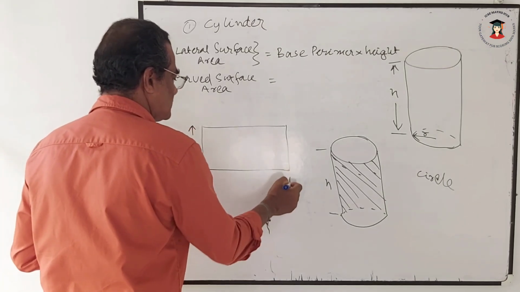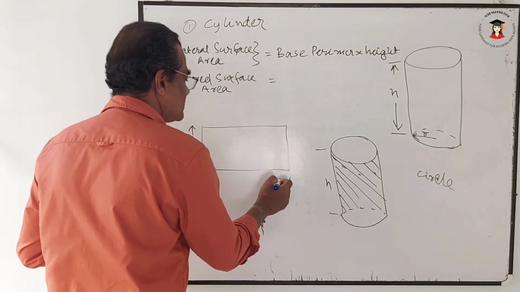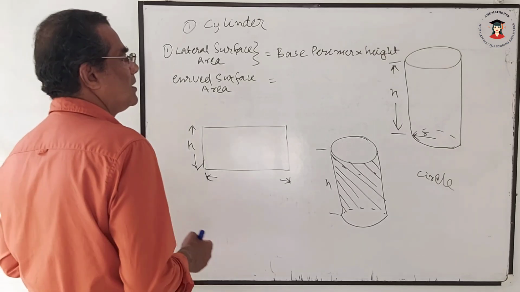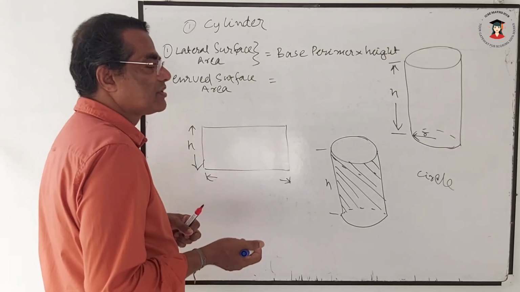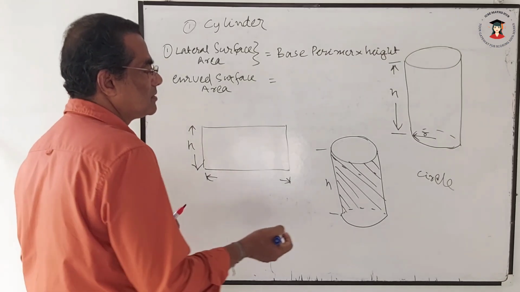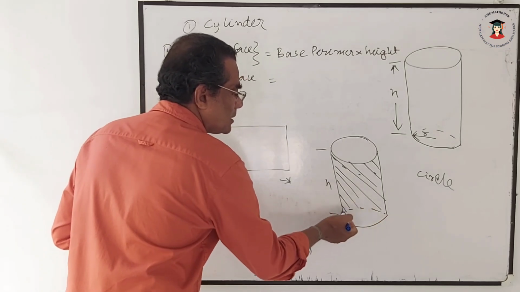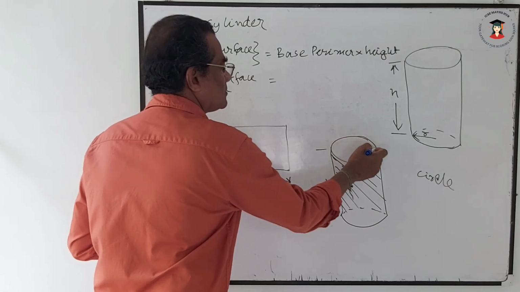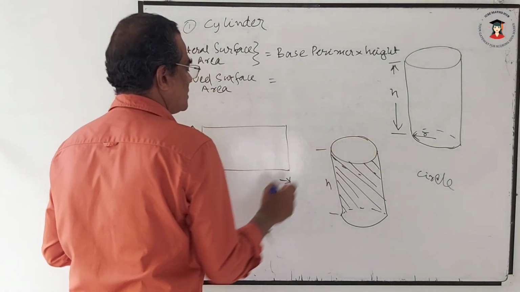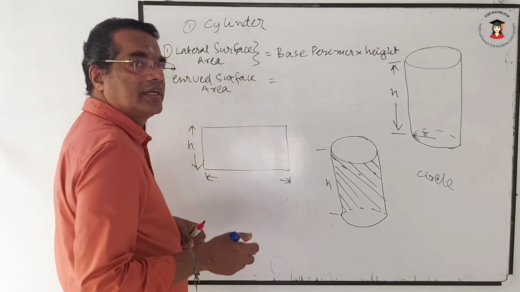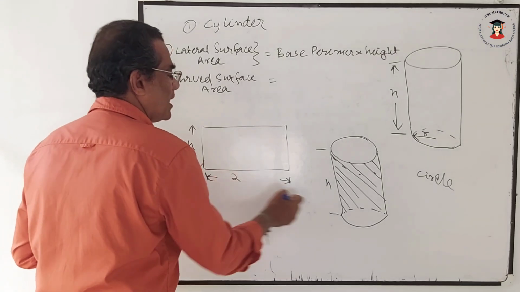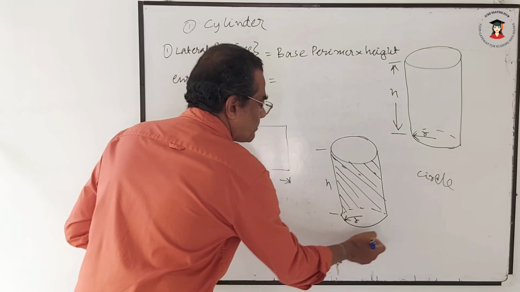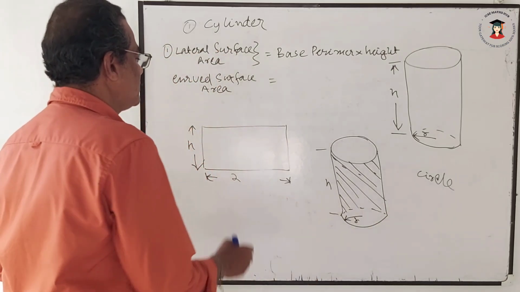What will be this length? This length will be the perimeter. What is the meaning of perimeter? Perimeter means the length along the circular path. This path. And we already discussed, if r is the radius, that perimeter will be 2 pi r.